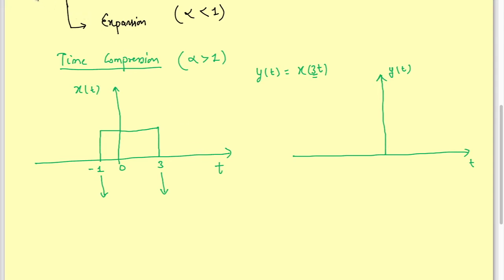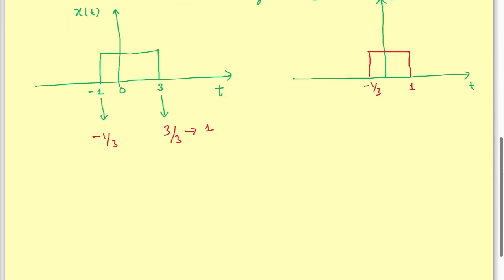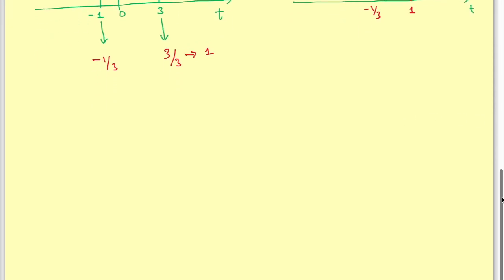So this domain will become 3 by 3 equal to 1 and minus 1 by 3. So the points will go from minus 1 by 3 to positive 1. So this is my time compression.